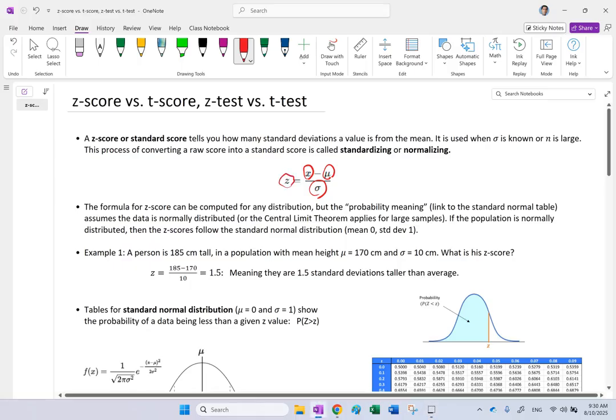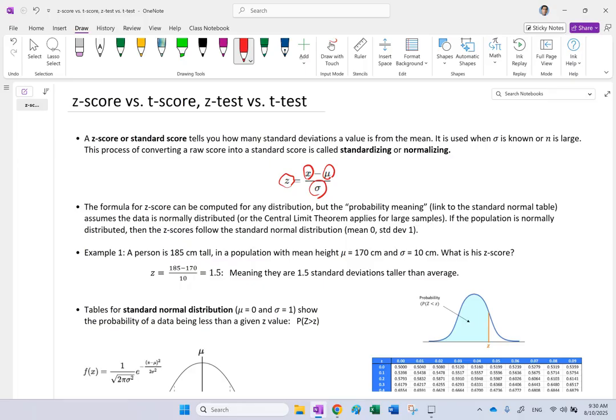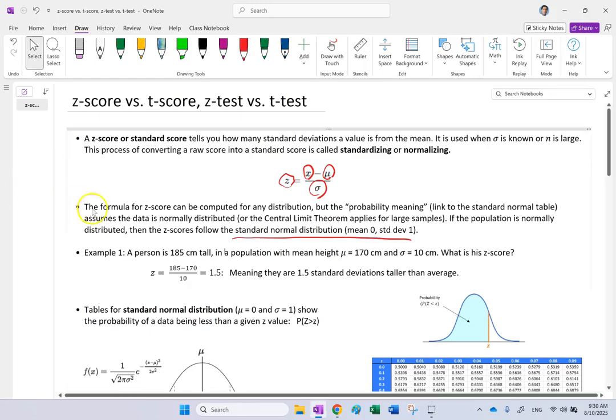So this way, if you have different distributions, let's say different normal distributions with different mus and different sigmas, this linear transformation will convert all of them to have an average of 0 and a standard deviation of 1, which we call the standard normal distribution, correct?